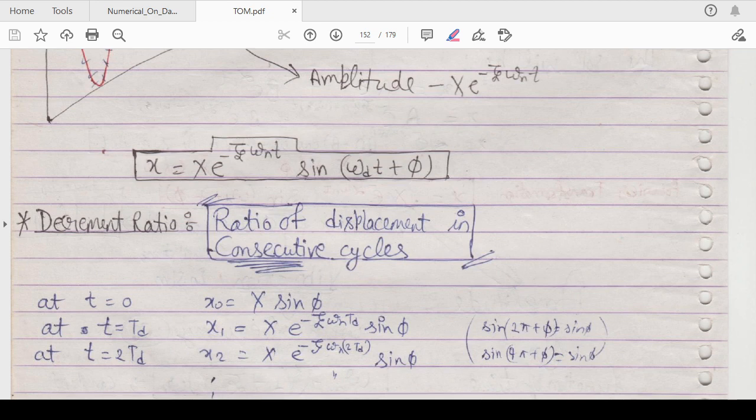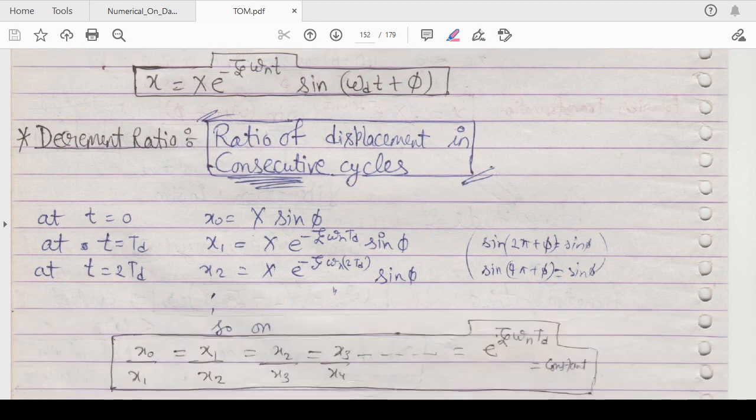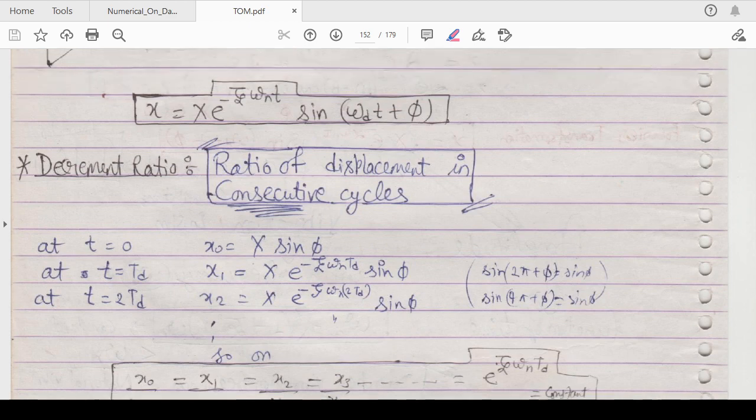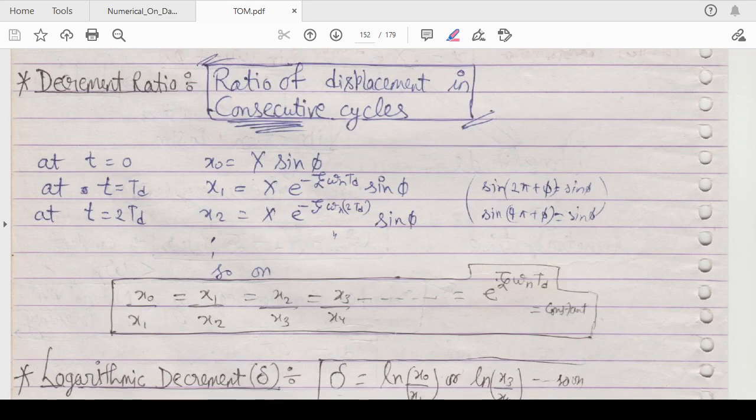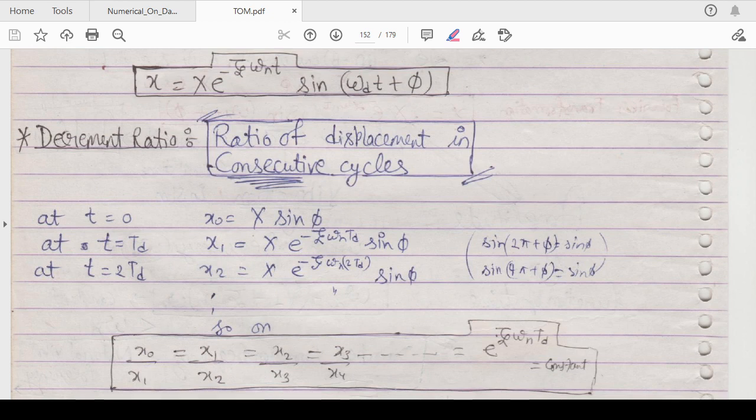If you want to calculate the ratio of displacement in consecutive cycles, then at t equals 0, which is the initial value, you get x naught equals x sine phi.